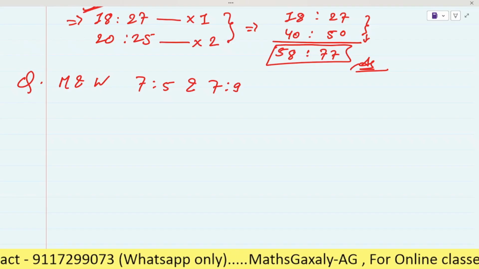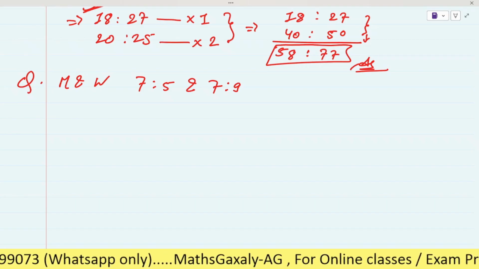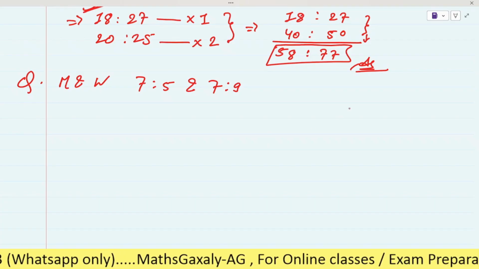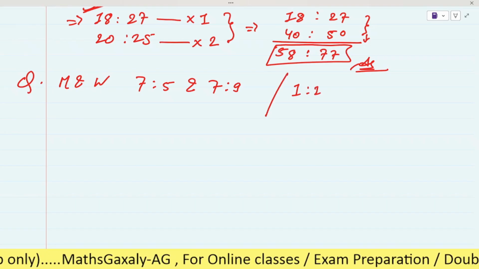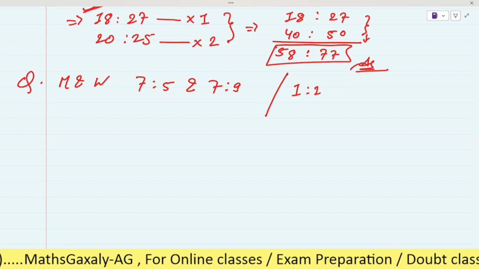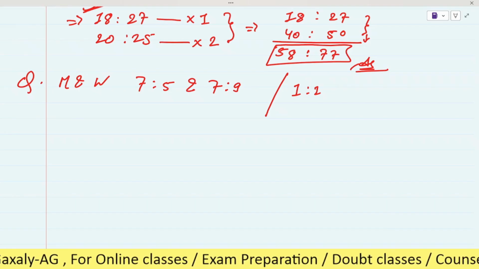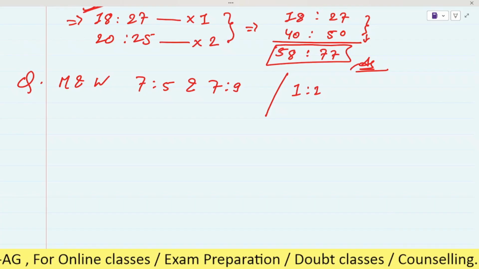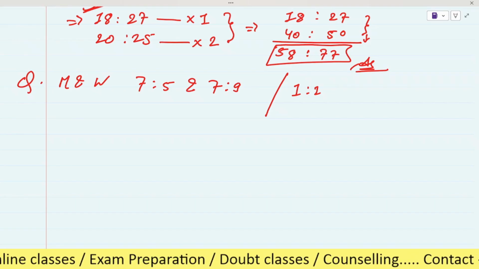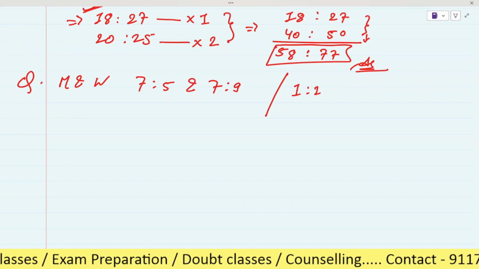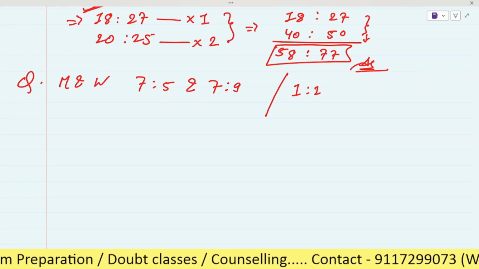If both vessels are mixed in the ratio 1 is to 1, find the ratio of milk and water in the new mixture.